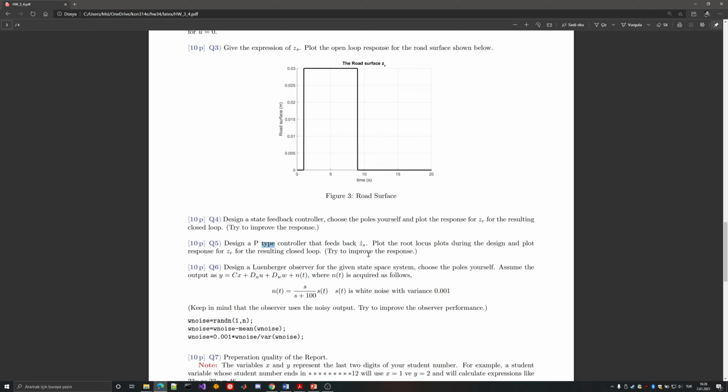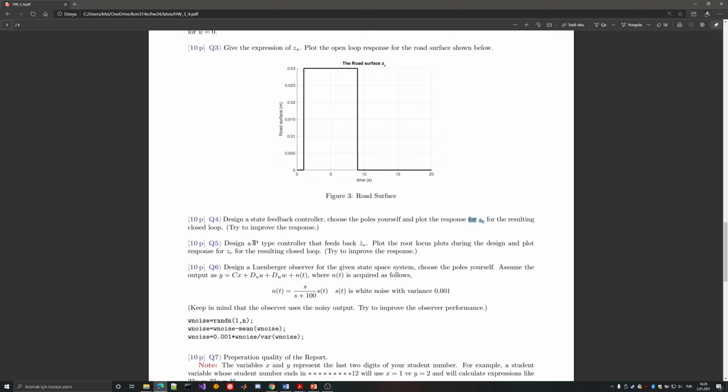But keep in mind that the output is different than the feedback, so you have to compensate in your structure for this. It's very easy, but you have to be careful. So plot the root locus plots during the design and plot the response of ZR. So basically, you have designed a state feedback controller for certain poles, and you ended up with a closed loop.